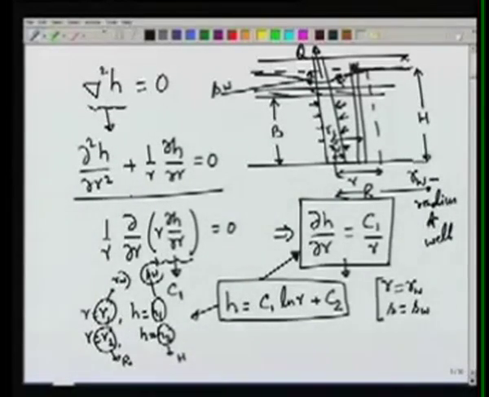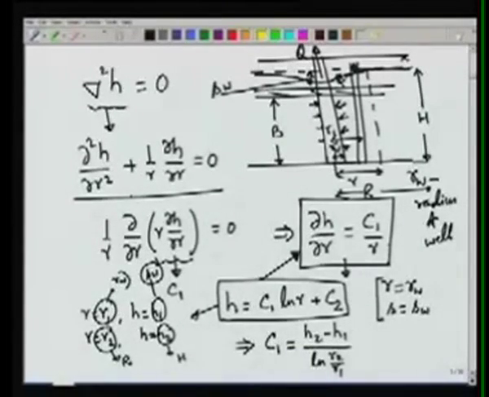We will just assume that there are two different R values, R1 and R2, and two different H values, H1 and H2, which will allow us to obtain the value of C1 as H2 minus H1 over natural log of R2 over R1.